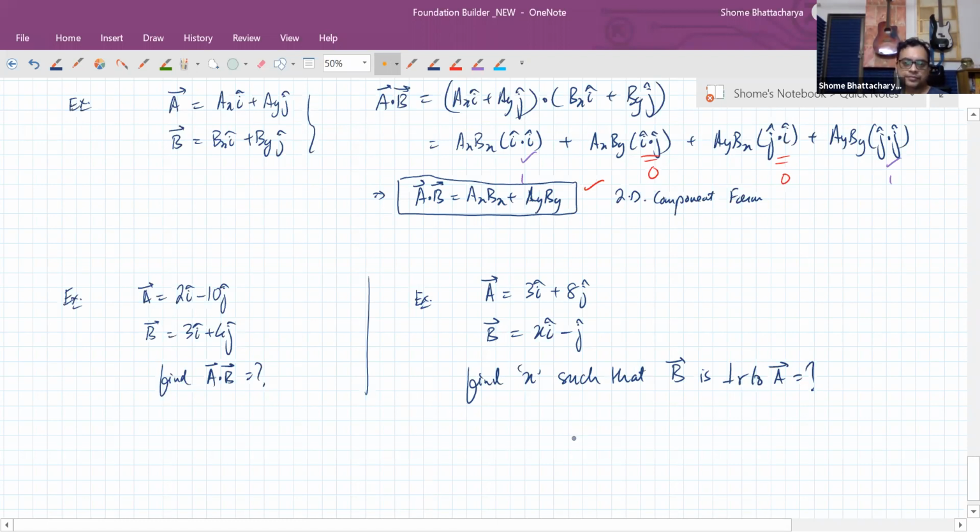Just try it out. So just tell me the answer for the first one quickly. It's a very simple formula. Just apply the formula from above. Ax into bx plus ay into by. Yes, very good. That's correct, Chirag.